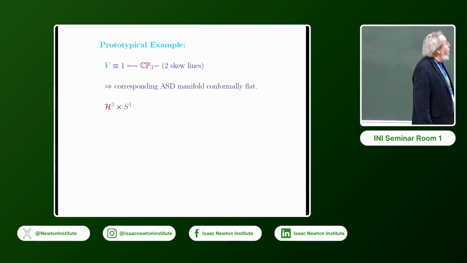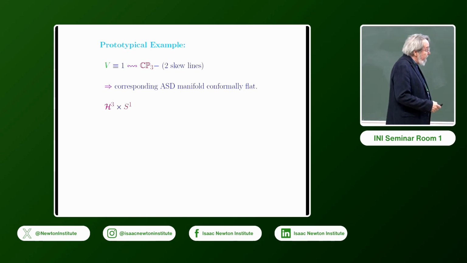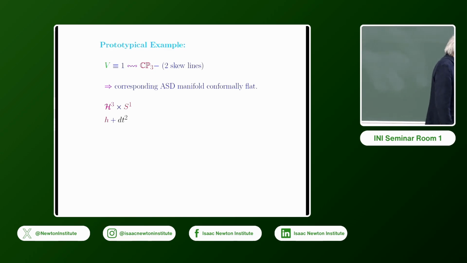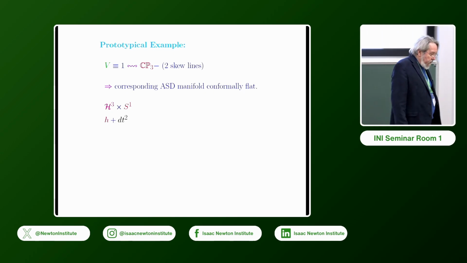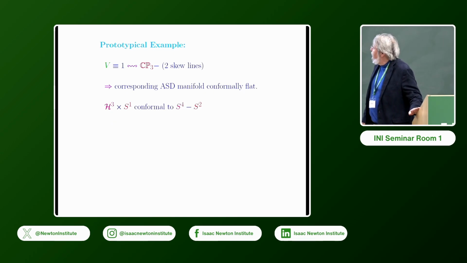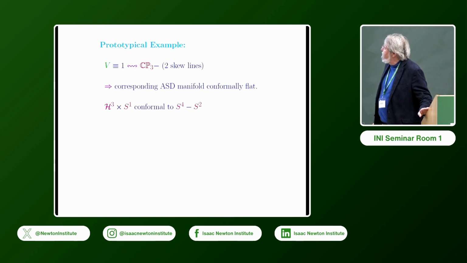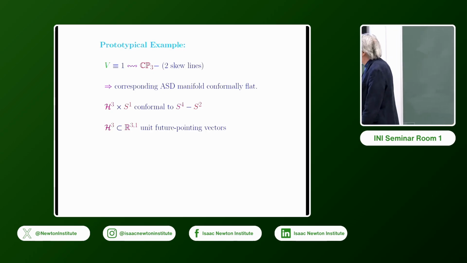But this particular one, H3 times S1, is conformally flat. And so if you take the hyperbolic metric on H3 and add on dt squared, where t is a standard local coordinate on S1, then what you get is a manifold which is actually globally conformal to the 4-sphere minus an equatorial 2-sphere.